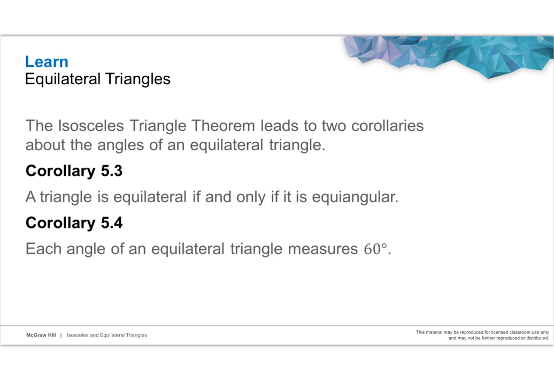Moving on to our second learning goal, we're going to be talking about equilateral triangles. And so the isosceles triangle theorem leads to two corollaries. Remember, those are related theorems about the angles of an equilateral triangle. A triangle is equilateral. That part of that word, lateral, talks about sides.